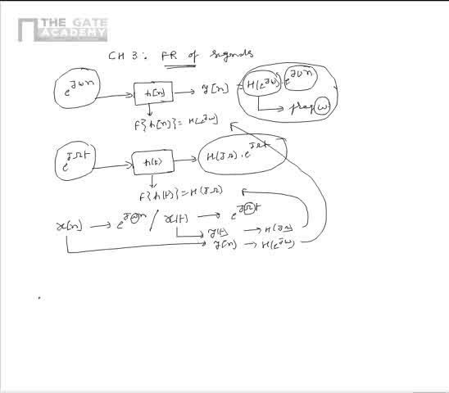Now, let us look into the frequency representation of the signals. So, we will be making a table here which mainly deals with the nature of the signal, where we say if the signal is continuous time or discrete time and periodic or non-periodic.